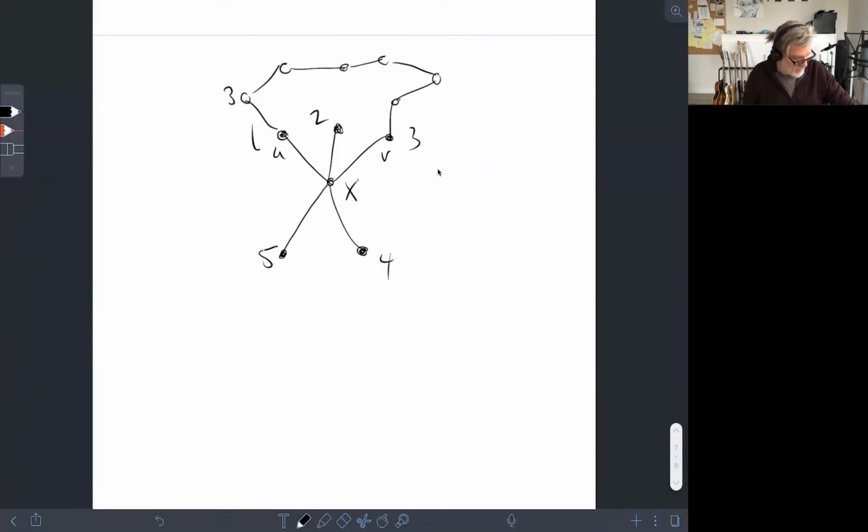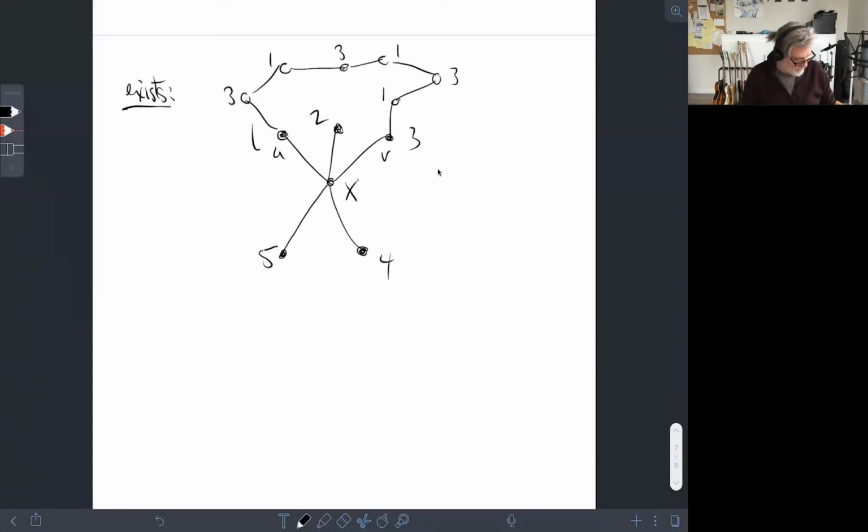And these are colored 1 and 3. This exists. Okay. These things, which are also used in a more sophisticated way in the 4-color theorem proof, are called Kempe chains. So I can go from U to V in H, which is induced by the vertices colored by 1 and 3.